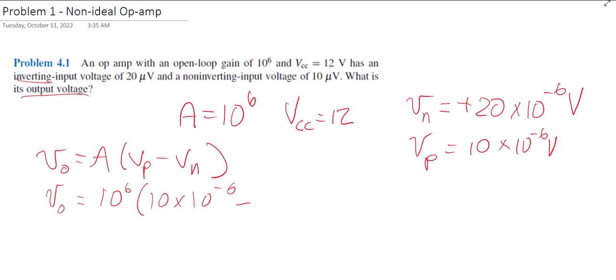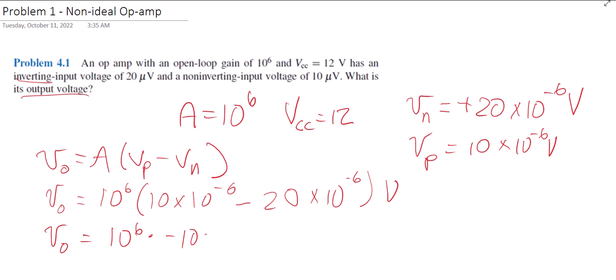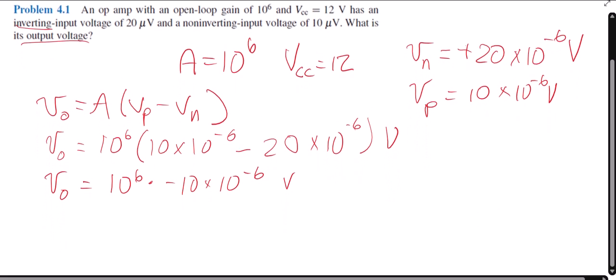So Vn is 20 microvolts, but it didn't say negative 20 volts. So minus 20 times 10 to the negative 6 volts, or Vout equals 10 to the 6 times minus 10 times 10 to the negative 6 volts, or Vout equals minus 10 volts.